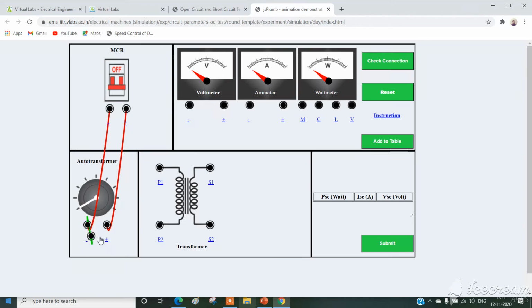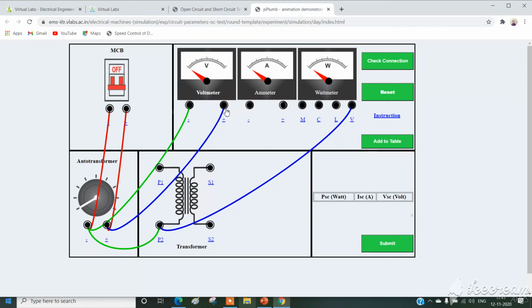Again MCB negative to voltmeter negative, and auto transformer negative to P2, and the P2 terminal is directly connected to V of the wattmeter. Next, auto transformer positive is directly connected to voltmeter positive, and one more auto transformer positive terminal is directly connected to the positive terminal of the ammeter. Now the auto transformer connection is over.